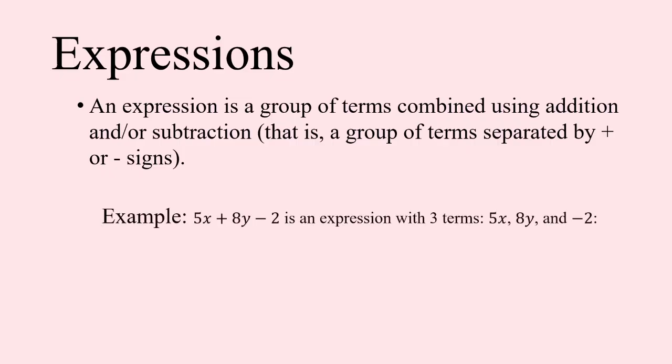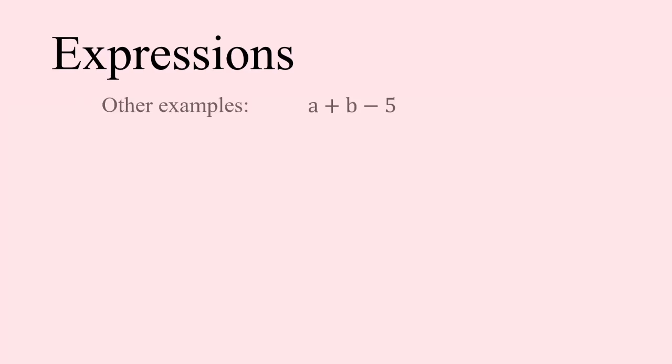For example, 5x plus 3y minus 2 is an expression with 3 terms, which are 5x, 3y, and negative 2. Notice that negative 2 in this case is the constant term. Other examples of expressions are a plus b minus 5, 3x minus 4y plus 10, 6e squared plus 5f cubed minus 9e, etc.